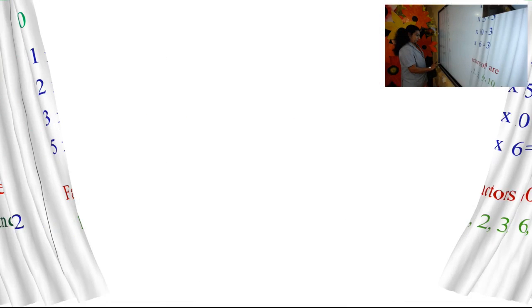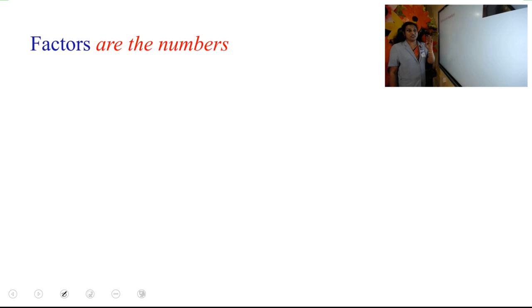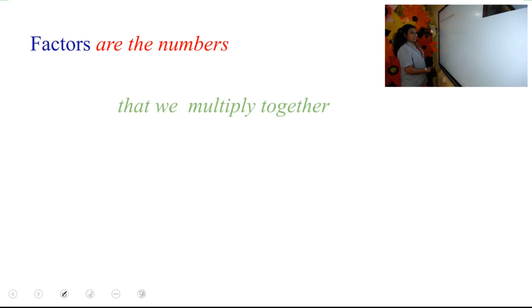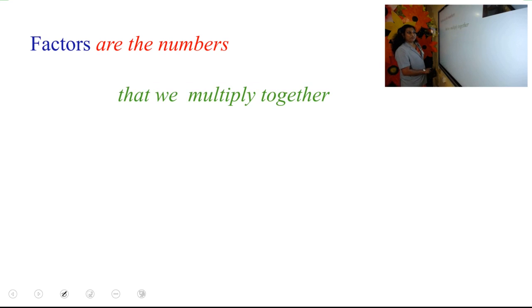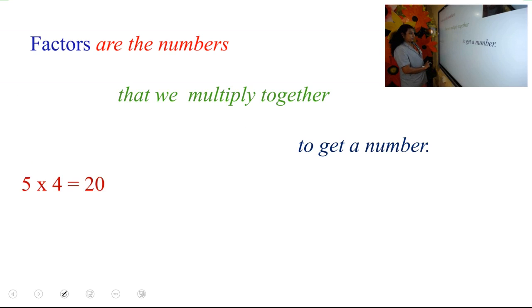Understood? So, next. Factors are the numbers that we multiply together to get a number. I told you, an example is given. 5 into 4 is equal to 20. Which are the factors of the number 20?